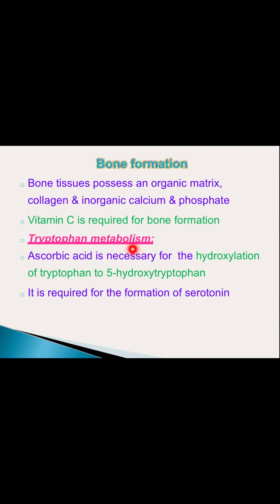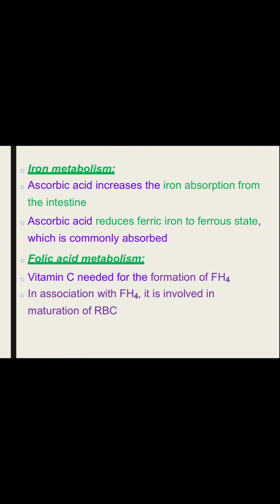Then in tryptophan metabolism, ascorbic acid is necessary for the hydroxylation of tryptophan to 5-hydroxytryptophan. Okay, that is required for the formation of serotonin, your neurotransmitter. Then it has a role in iron metabolism. I already told you that ascorbic acid reduces ferric iron to the ferrous state, which is the commonly absorbed iron.